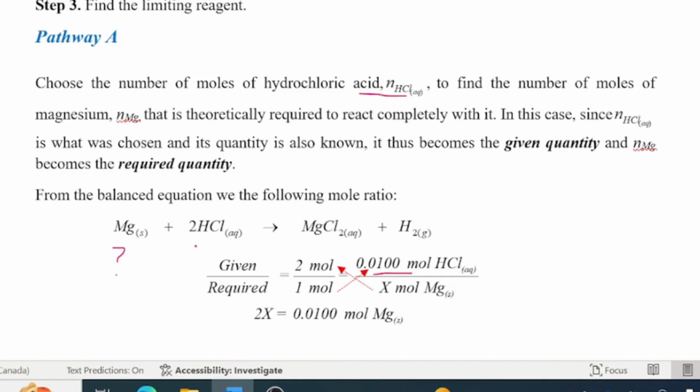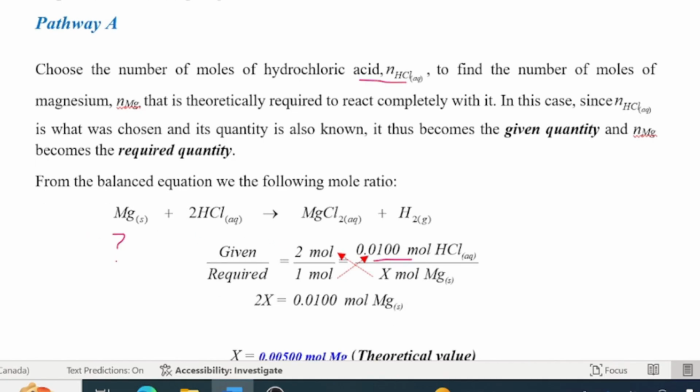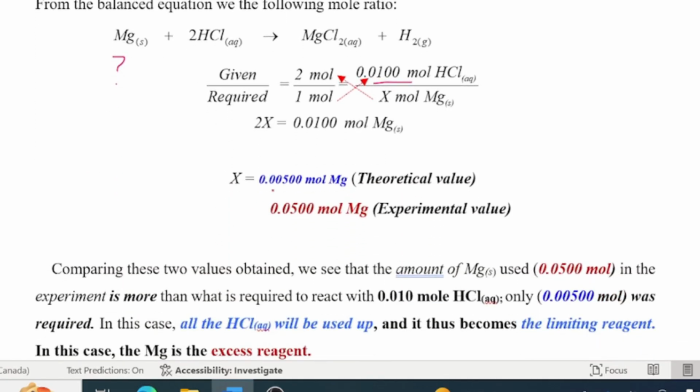Your mole ratio is 2:1, and here you're going to find that this is the amount of magnesium in theory that is required to react with that number of moles of HCl. But look, in the experiment, that is the number of moles of magnesium you've used.